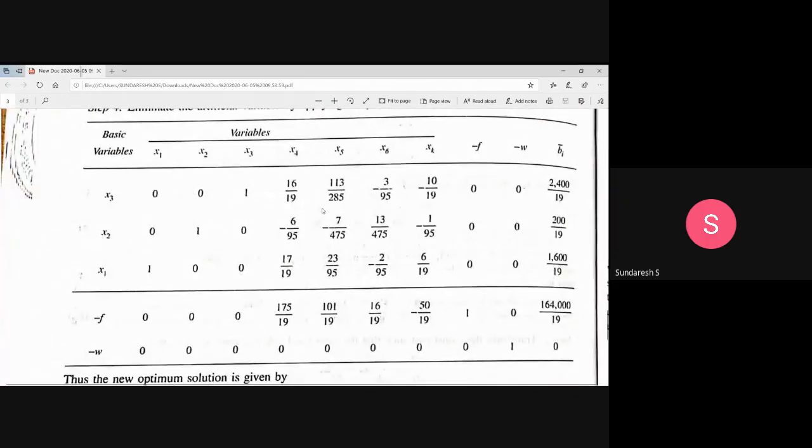Please do this. I will give roughly 4 more minutes for people. Please complete this. Can you get these values correctly?